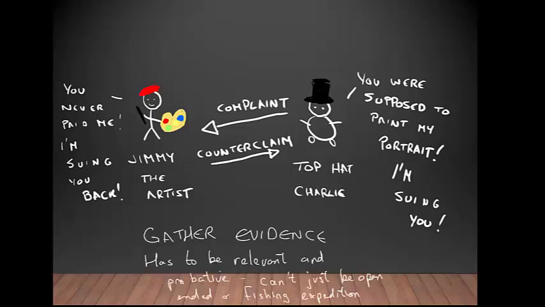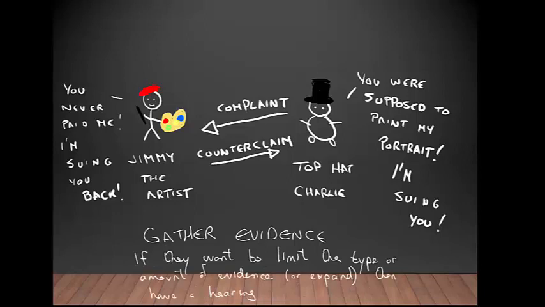All right. Gathering that evidence together, that has to be relevant and it has to be probative. So it can't just be open-ended. It can't just be collecting information for the sake of collecting information, or a fishing expedition is how we like to call that. See what you can reel back in. If they want to limit any types of information, or if they want to expand it, then they can have a hearing on that and they can ask the court.